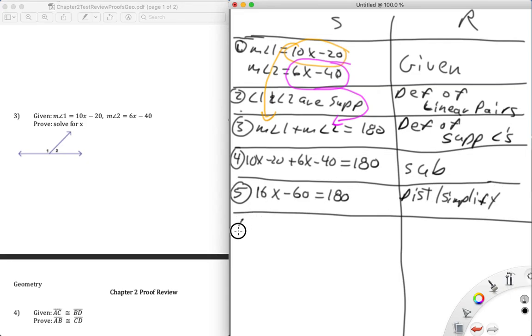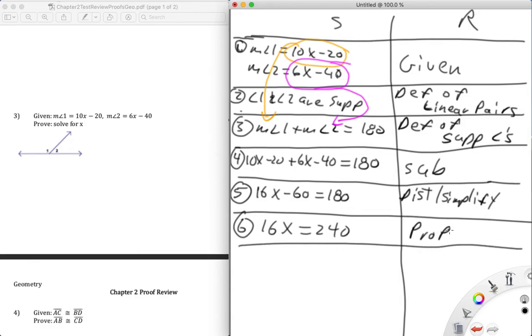I'm going to add 60 to both sides, and I have 16x is equal to 240. Addition property of equality. Then I can say that x is equal to 15. Division property of equality.